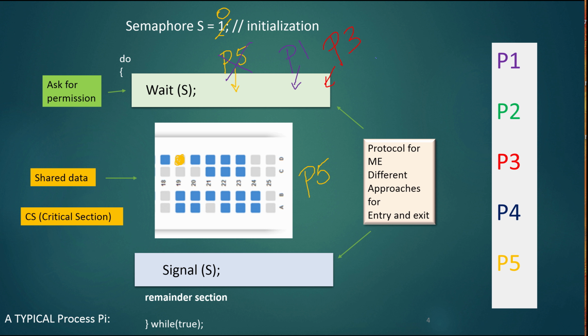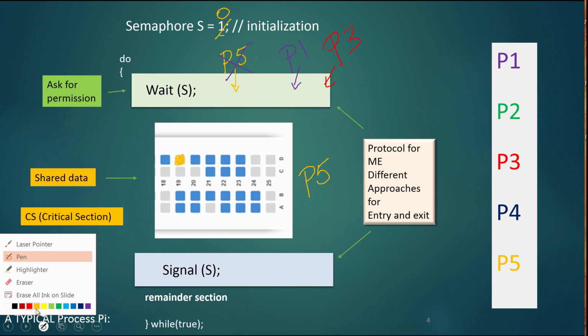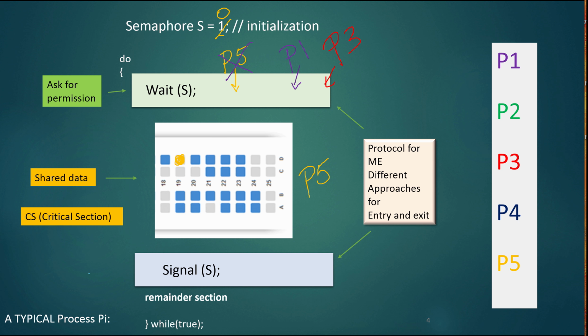And they're both sitting there waiting because P5 is in there finding the seat, picking the seat, setting the flag that the seat has been booked, and then when P5 is done, P5 will signal and leave. So P5 will be out of there, and the signal increments the semaphore, which will change back to a 1.